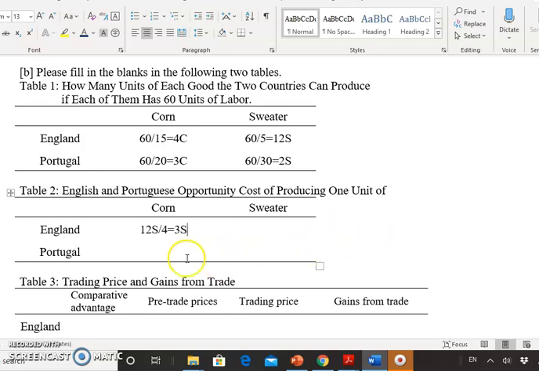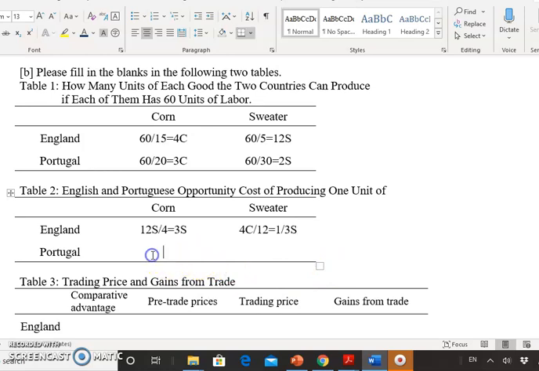Okay, all right. If we look at the sweaters, we're assuming that in this case, England spends every unit of labor producing sweaters. So potentially it gives up 4 corns, right? But it gains 12 sweaters. So eventually the opportunity cost per sweater would be 1/3 corn. Okay, 1/3 corn.